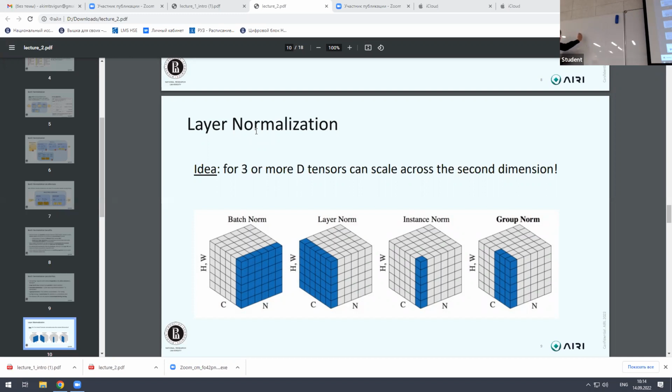So the normalizing values for this text only depend on itself. It does not incorporate any other texts. This text only depends on itself, etc. And first of all, it can only be applied for 3D or larger tensors, since for 2D tensors it will coincide with, or be the same as, batch norm.